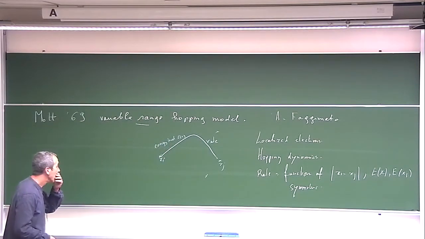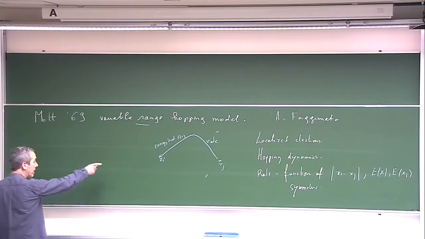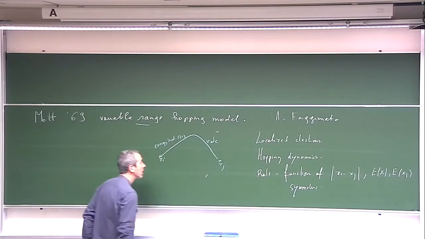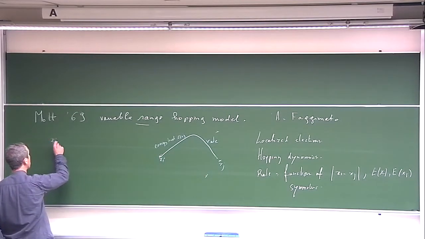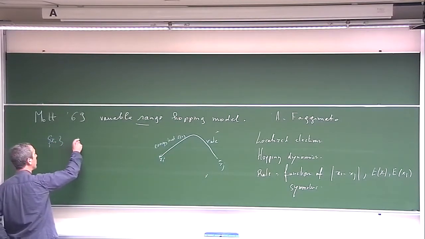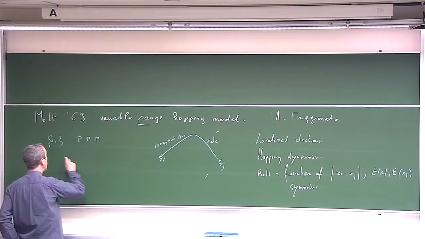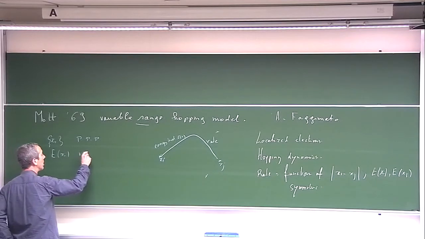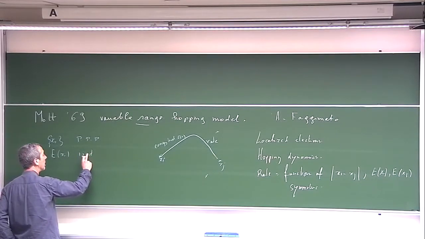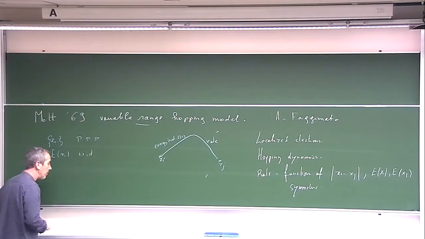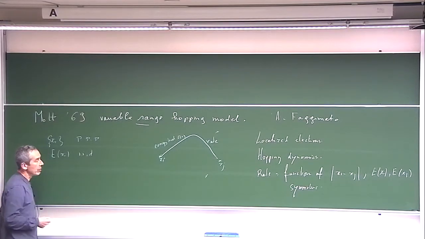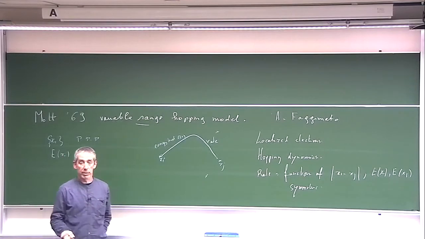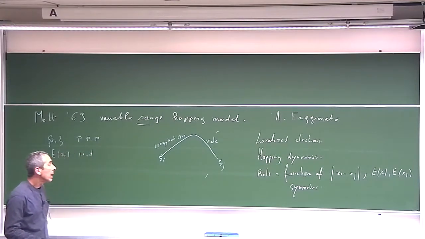Actually, the canonical choice is to choose for the xi a Poisson point process, and the energy marks IID with a certain law. If you do this kind of choice, then you definitely have a random environment, which is stationary.